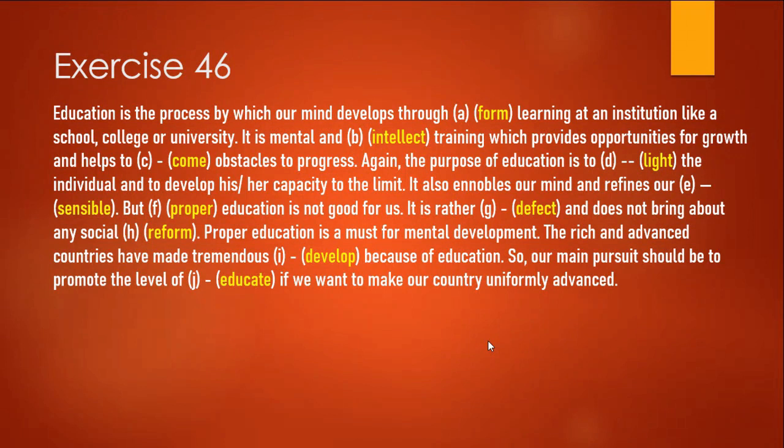46. Education is the process by which our mind develops through formal learning. So A number answer is formal learning at an institution like a school, college or university. It is mental and intellectual training.